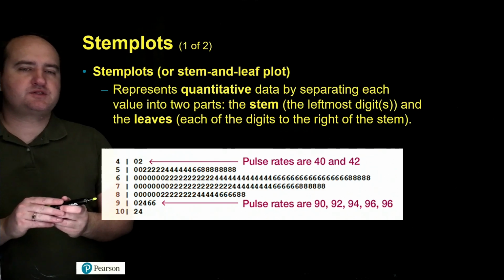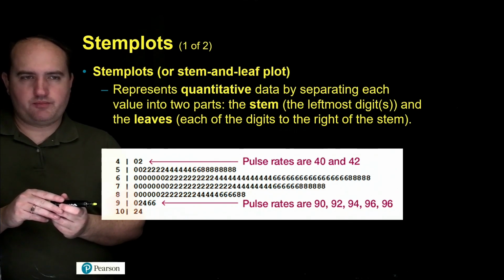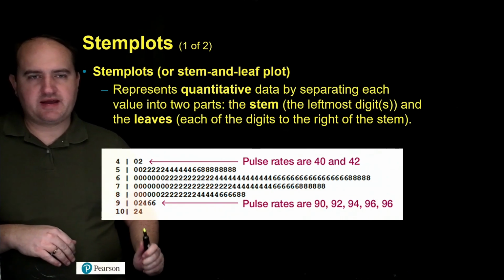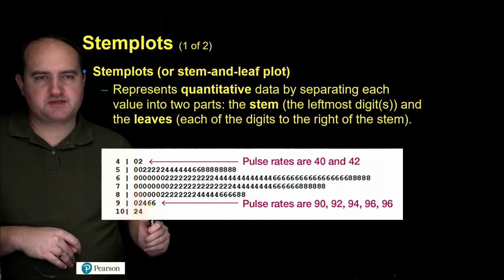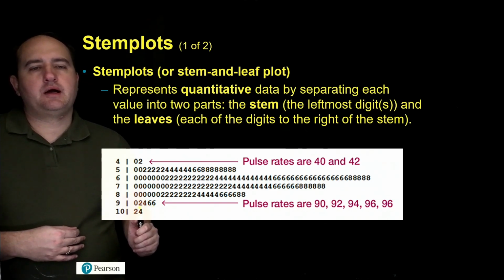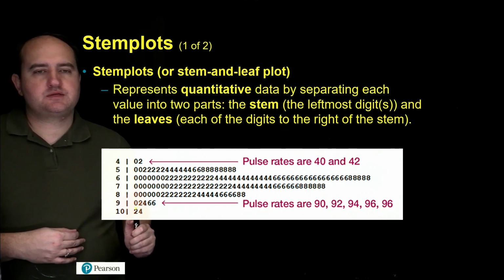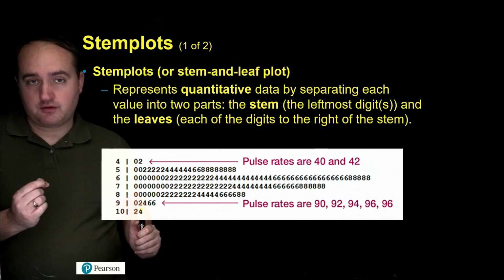So anyway, going back to this, if we look at the stem of 9, then to the right of it we have the leaves 0, 2, 4, 6, and 6. Each of these leaves tells us that we have a data value there.